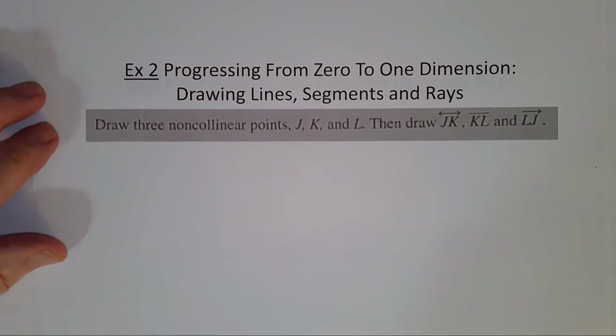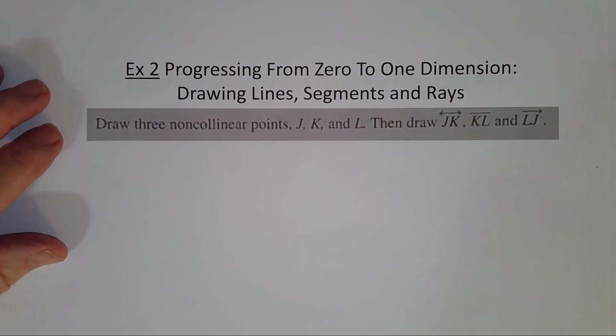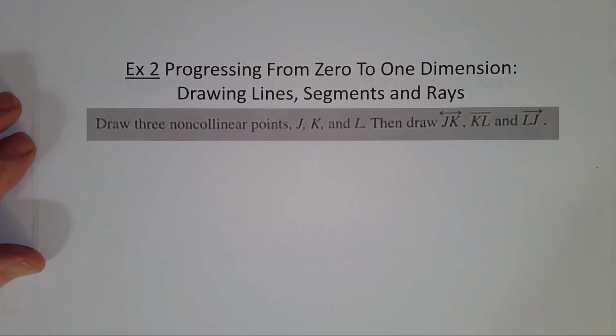So what we're going to do is draw 3 non-collinear points. Okay, so I'm going to draw 3 points.